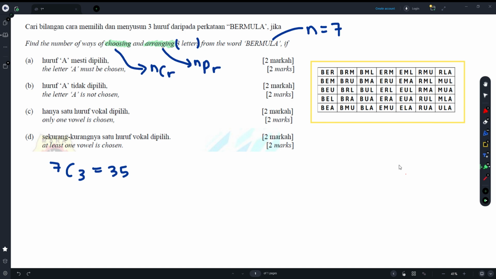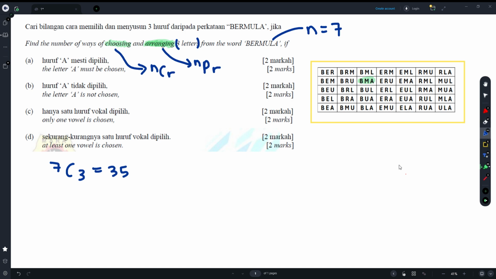Okay, so once you have already chosen a particular combination, for example, if I'm talking about this combination which involves B, M and A, I can rearrange them because it also involves arranging.